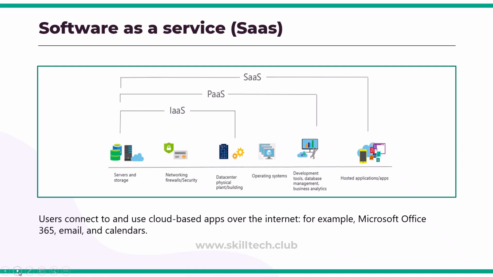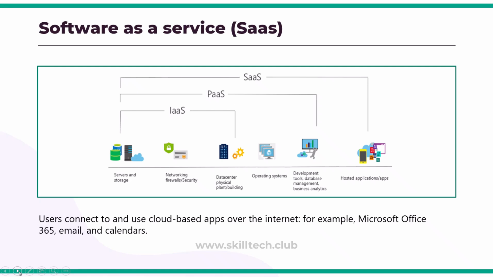And I think this is one that maybe you have already used without knowing that it's cloud-based software as a service. If you have ever used Microsoft Office 365, emails of Outlook, or maybe OneDrive of Microsoft, or even sometimes Google Drive, then those are actually cloud-hosted software as a service.